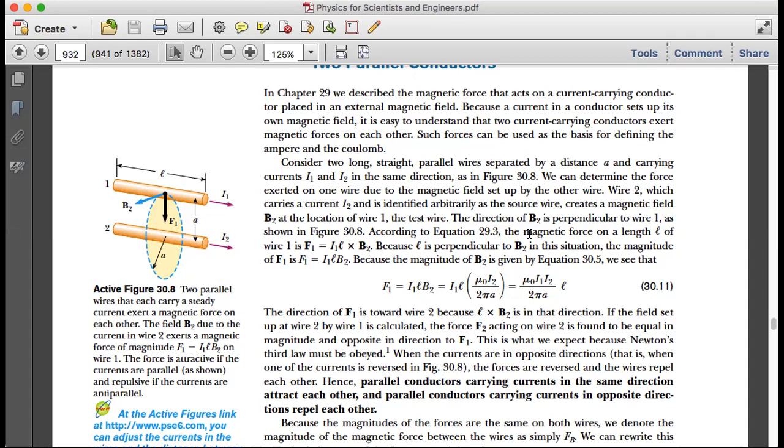So the force acting on the first wire is this one.